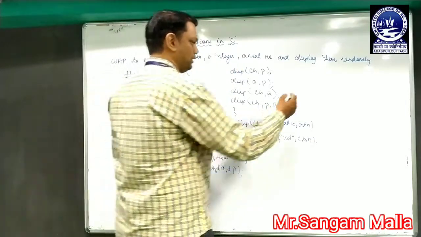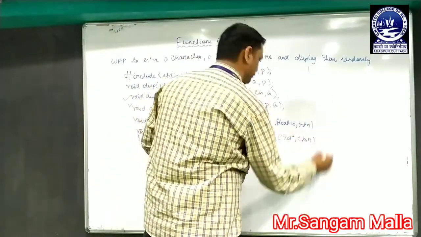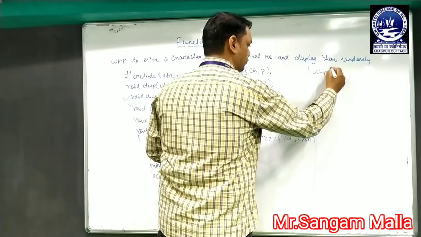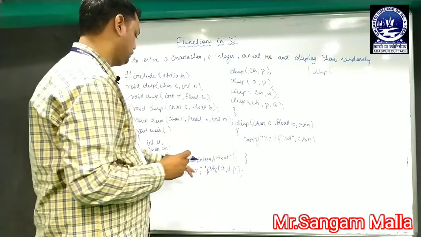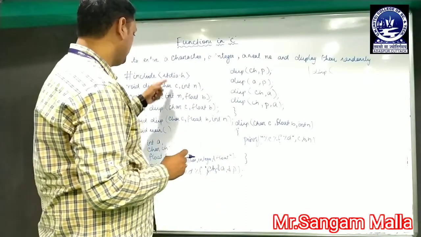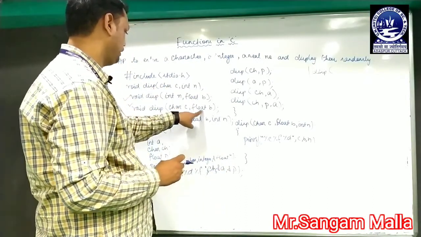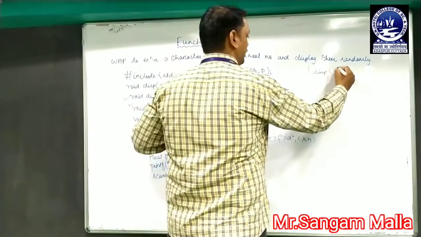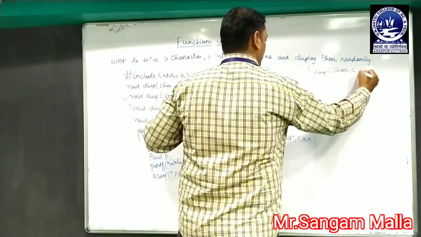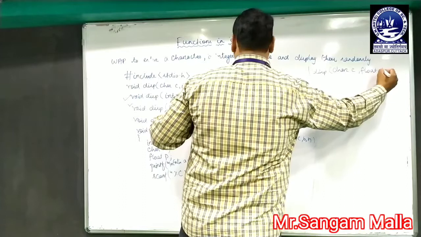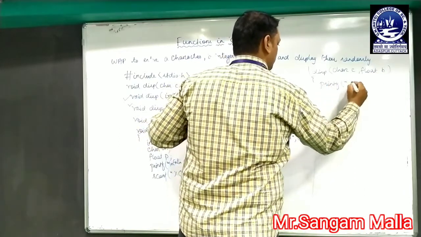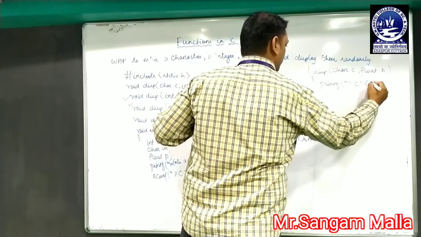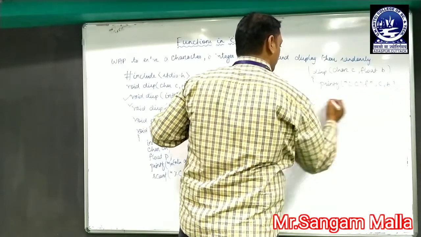Now I will move to another display function, let's say ch and p. In place of ch and p, meaning character and float, where is the character and float over here? Here it is. So I will accept character c, comma float b, and it will print the value, printf %c, %f, c, comma b.